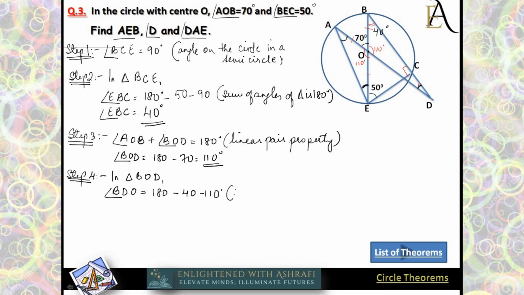Again over here we'll write sum of angles of a triangle is 180 degrees. So angle BDO is equal to 180 minus 110 minus 40 gives me 30 degrees. So my angle D is equal to 30 degrees.